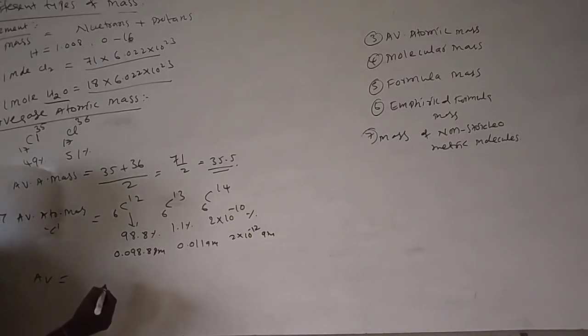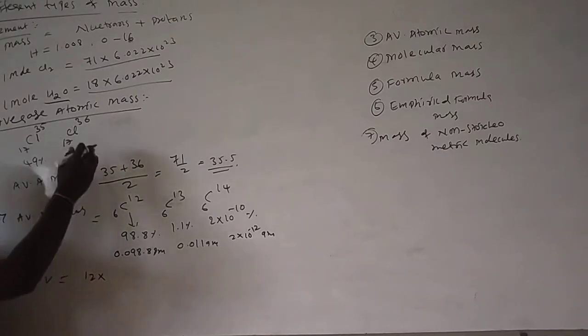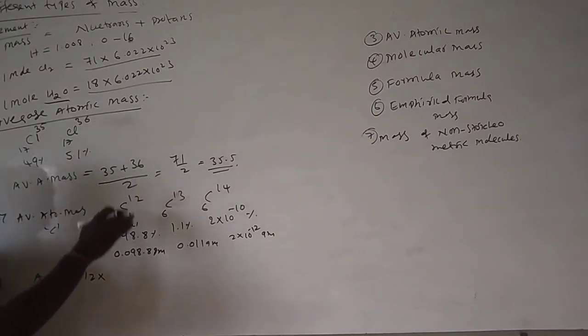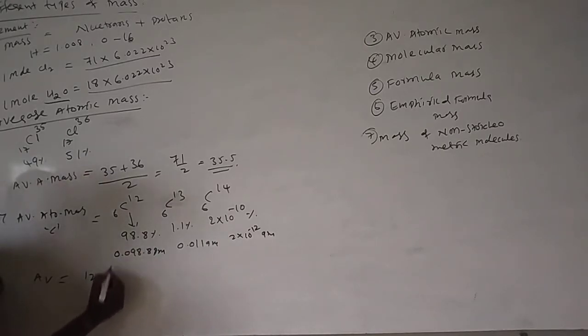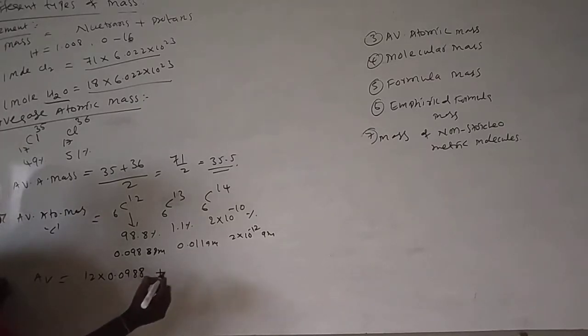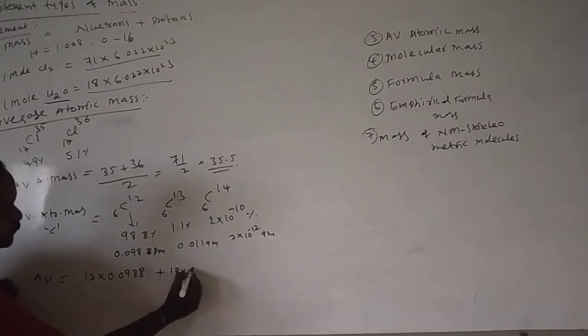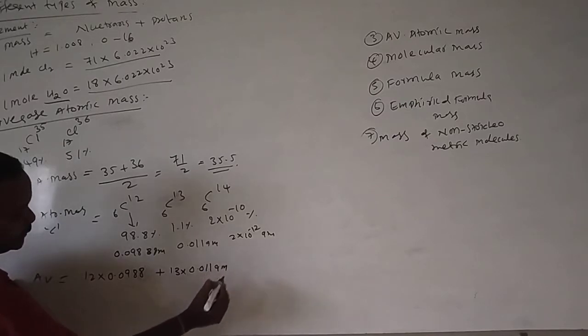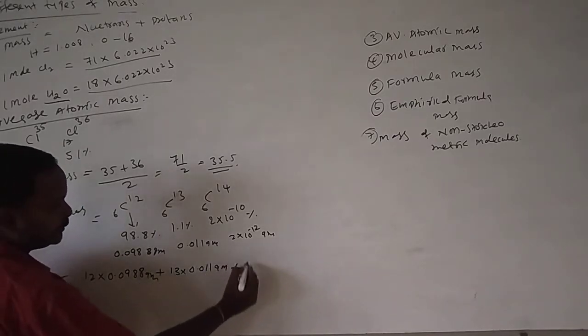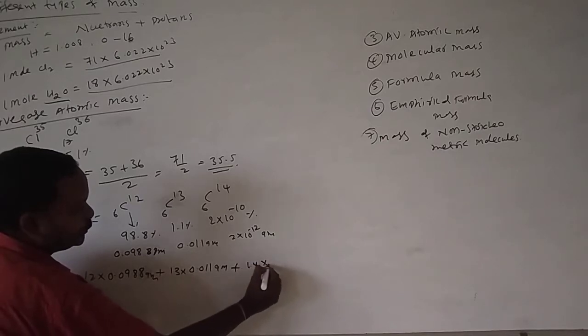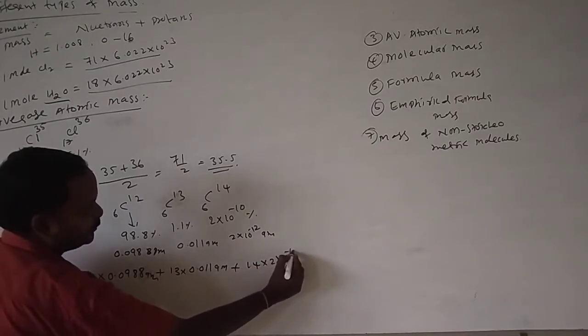When you calculate the average atomic mass, okay, just 12 into 12, like here also both are the same, that's why I didn't calculate, we get the same value. Okay, 12 into 0.988, plus 13 into 0.011, plus 14 into 2 into 10 to the power of -12.